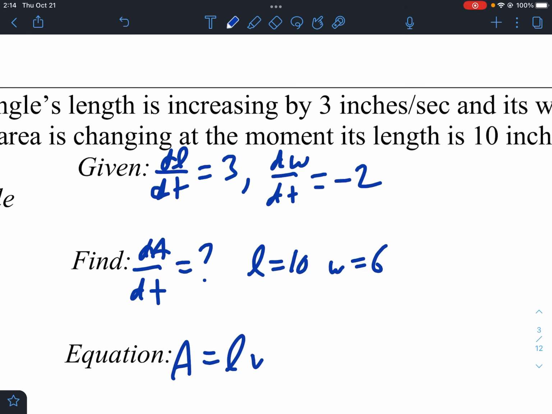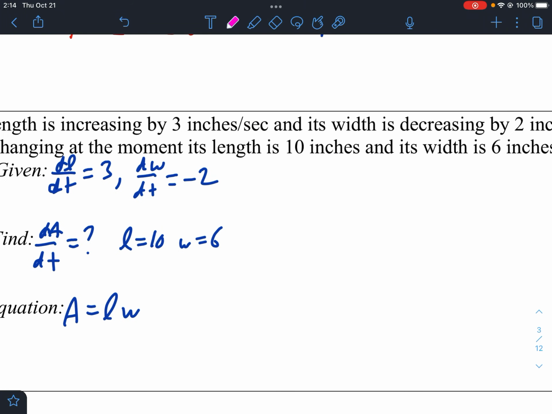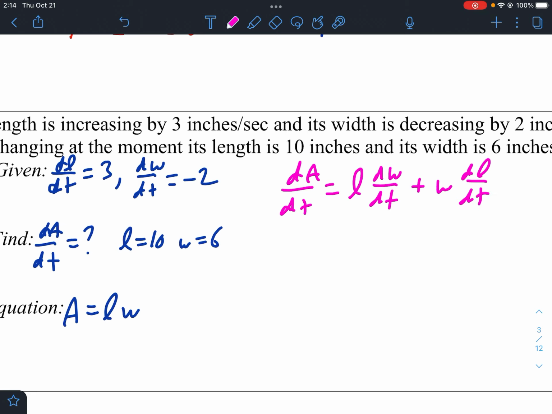So our equation for area of a rectangle, length times width. So this time when we take our derivative, we are going to need to use the product rule. So dA dt equals L times dW dt plus W times dL dt. Okay, and then we just substitute everything that we know.